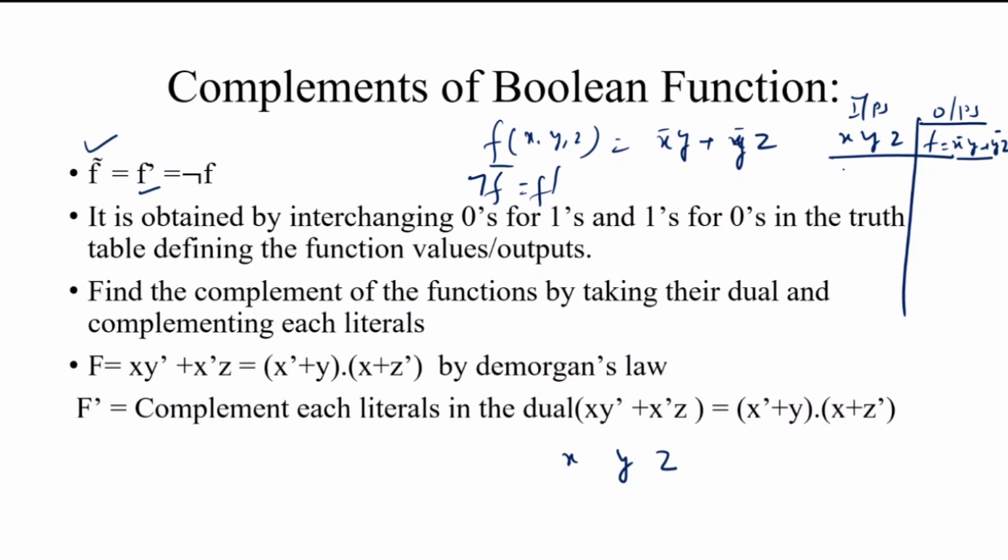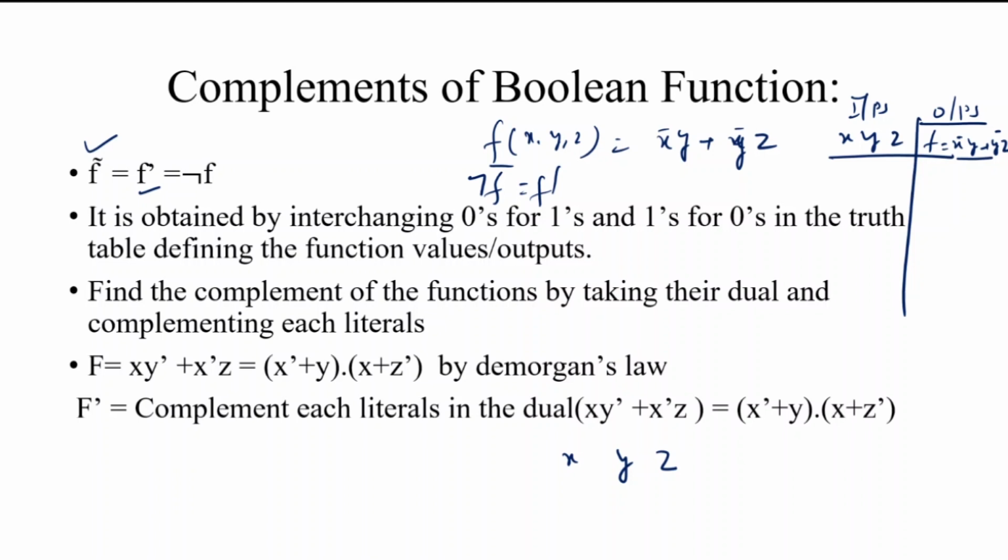For obtaining this, first we find x complement and y complement also, and then we find x complement into y and another column represents y complement z, and then both column results are added together to form the output of the function. And when we obtain its complement, every 0 in this output of the function is replaced by 1 and every 1 is replaced by 0.